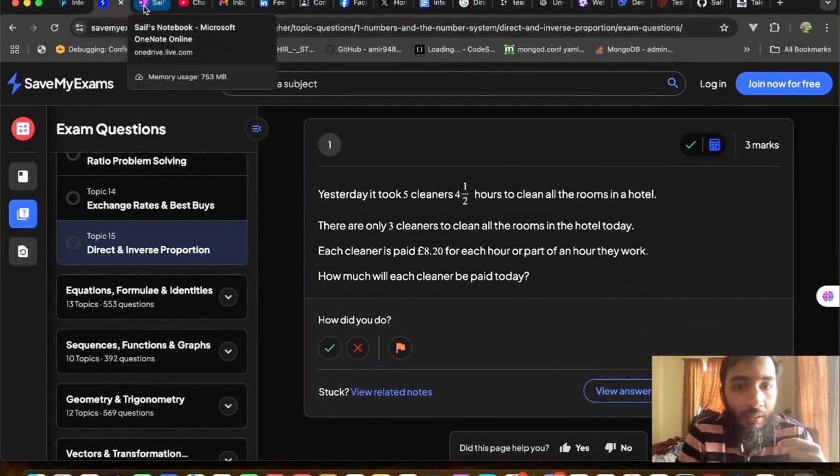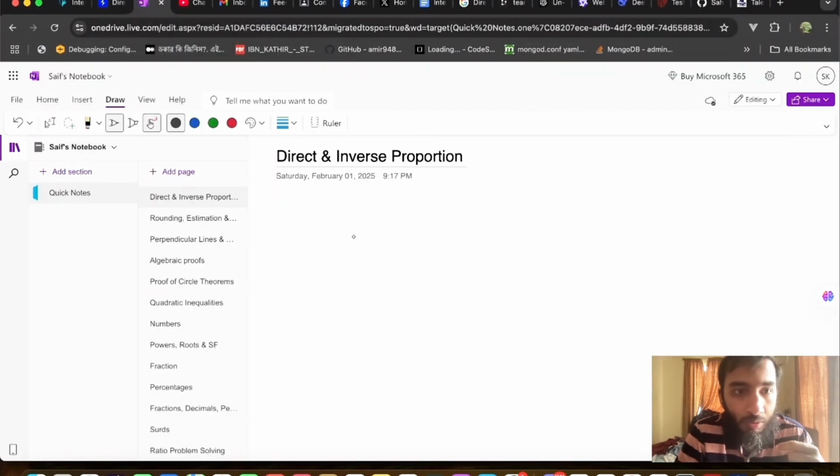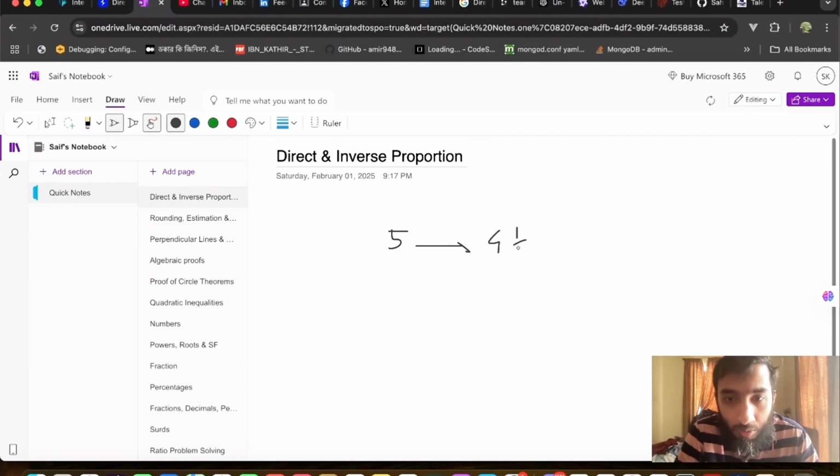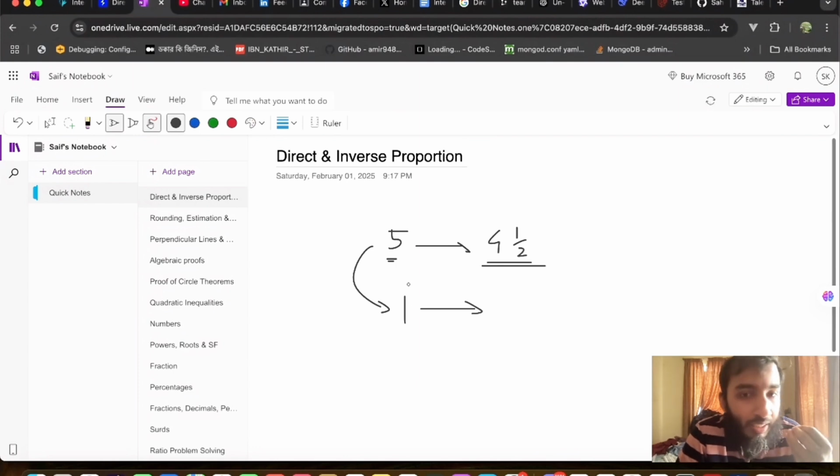If I check this problem, I'll use my pen tool. Yesterday there were 5 cleaners and it took them 4.5 hours collectively to clean all the rooms in the hotel. So if 5 cleaners took 4.5 hours, how much time would it take one cleaner to clean all the rooms?